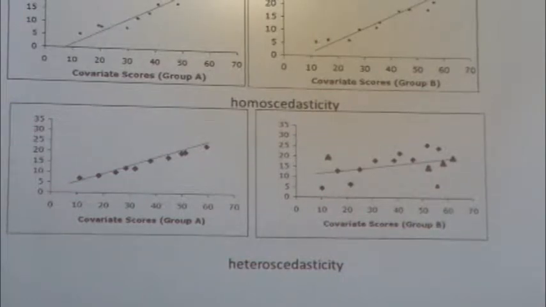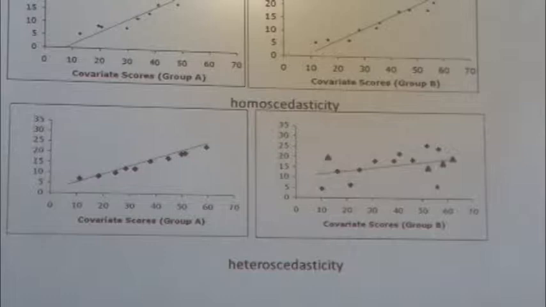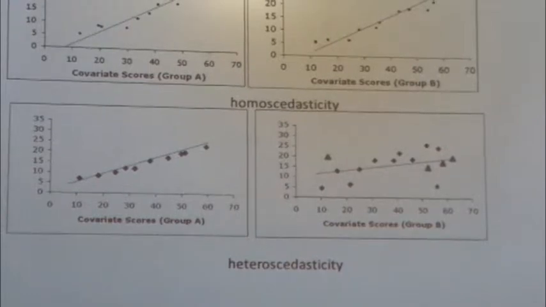So those are the scatter plots: covariate versus the DV for group A, for group B. But now what happens if group A and group B don't have that? That's another version of heteroscedasticity. See how the slopes are different in the two? So we're going to test to see that those slopes are the same. We're going to actually do it with a real example in a second.